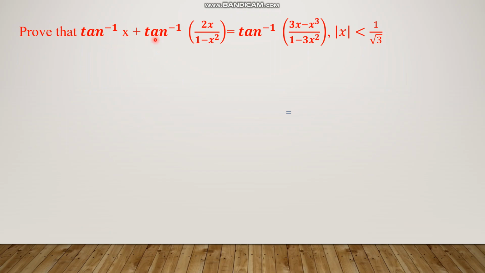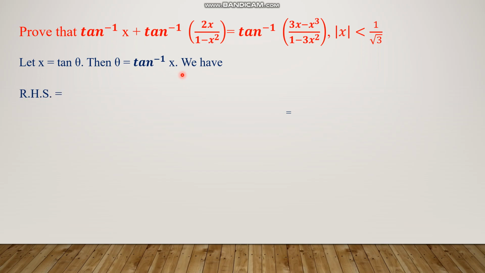Prove that tan inverse x plus tan inverse 2x by 1 minus x square is equal to tan inverse of 3x minus x cube by 1 minus 3x square, where mod x is less than 1 by root 3. Here we will substitute x is equal to tan theta, and we know that when x is equal to tan theta, theta will be tan inverse x.